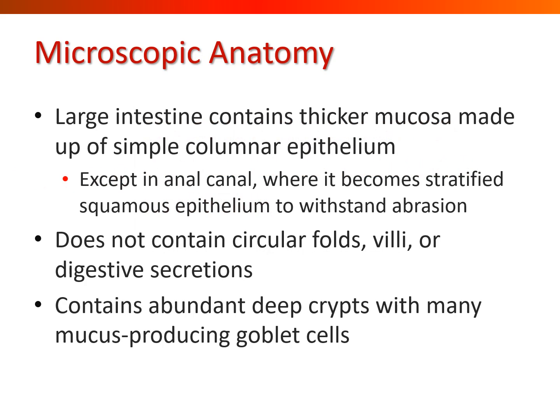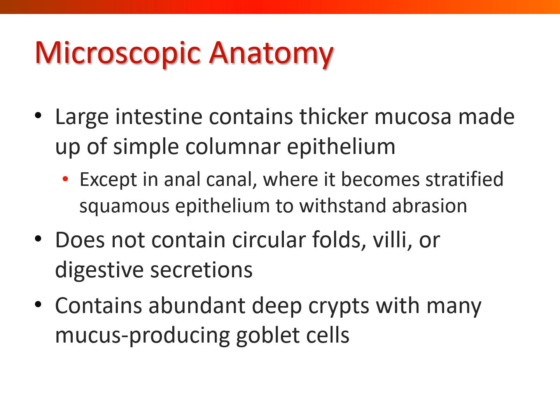All right, we're finally in the large intestine. Now here we're going to see a thicker mucosa, also made up of simple columnar epithelium. The anal canal is where we're going to actually shift back to that stratified squamous epithelium, and it's all about the abrasion. Now, we're not going to see the circular folds that we saw in the small intestines, nor will we see the villi or any of the digestive secretions.